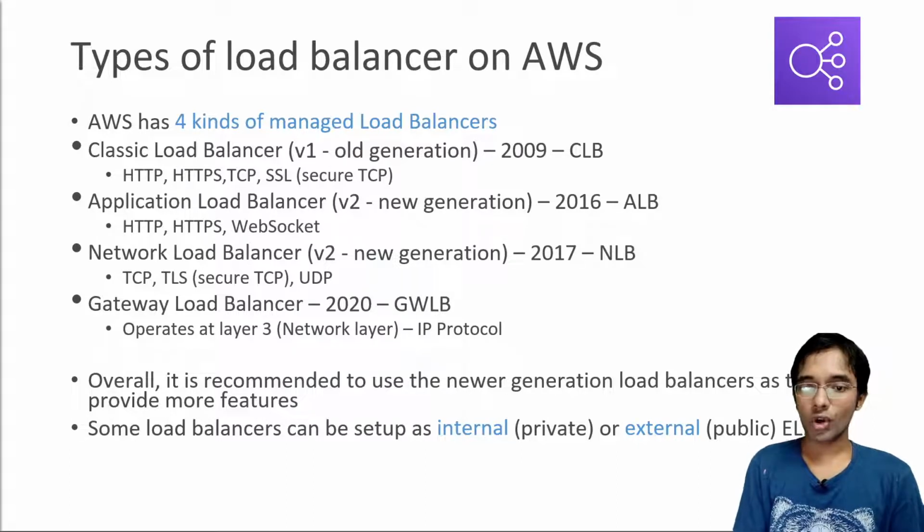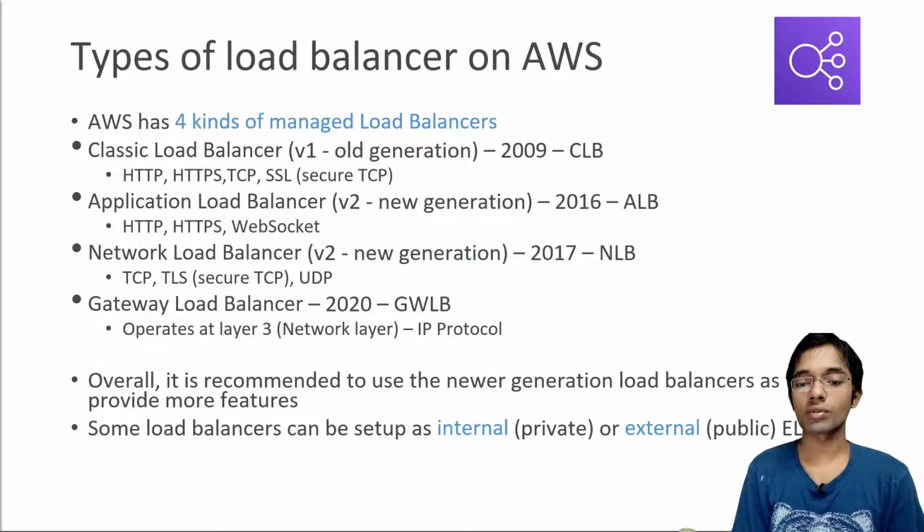And then you have the Gateway Load Balancer, released from 2020 onwards. The Gateway Load Balancer, GWLB, operates at a lower level, layer 3, which is the network level, the IP protocol. Overall, it is recommended to use the newer generation load balancers versus the classic load balancer, as they have more features and will be supported by AWS over time in the future also.